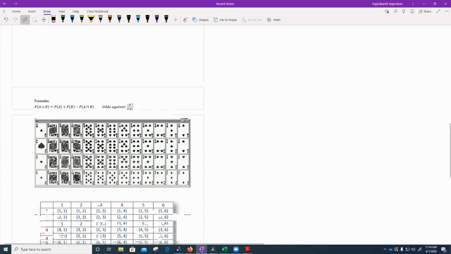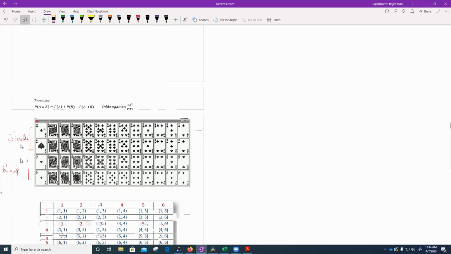Go ahead and check your sample space. So now face cards. Before we start, let's look at these two. These two are supposed to be black, right? So these two are red.